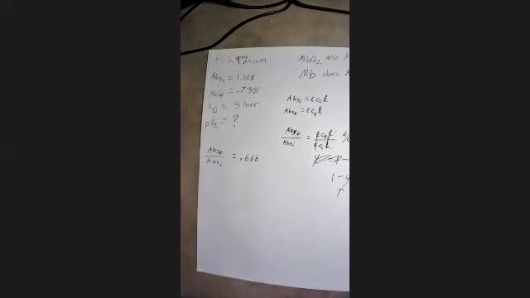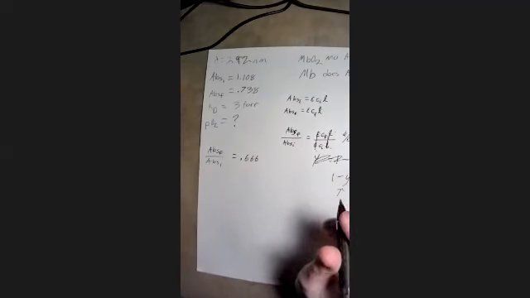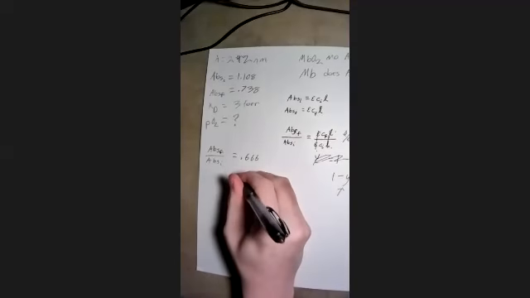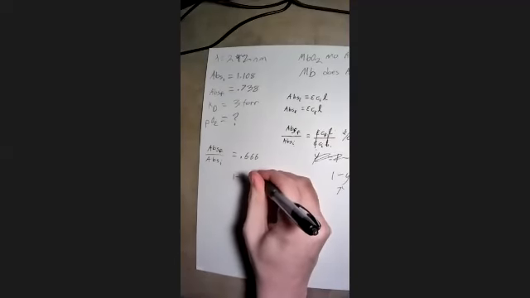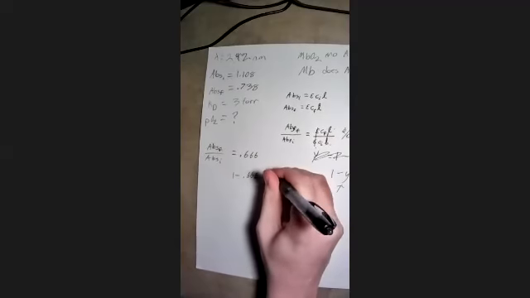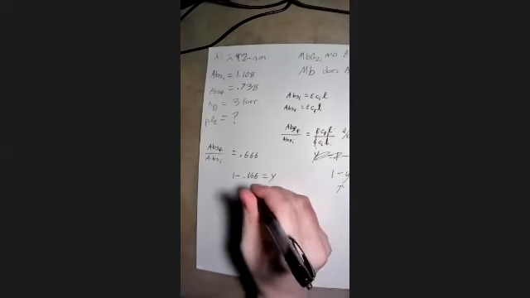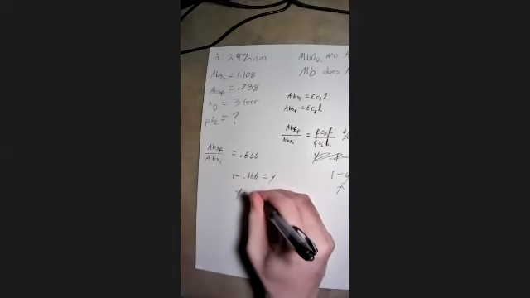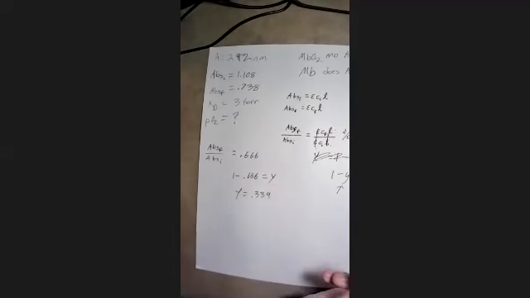That's what we're going to go ahead and say it is, because I'm demonic. All right. 1 minus 0.666 is then going to be equal to our Y, which means our Y is equal to 0.334.